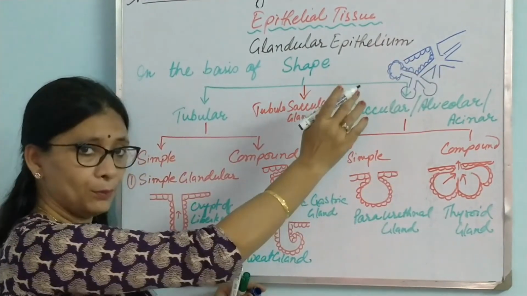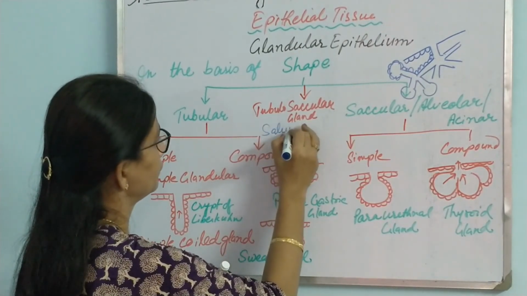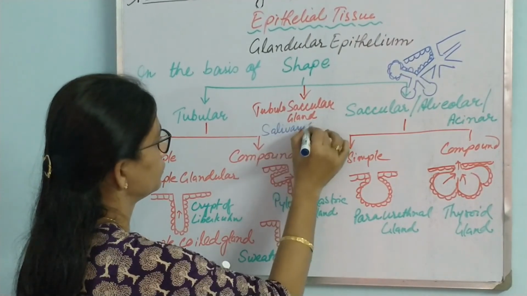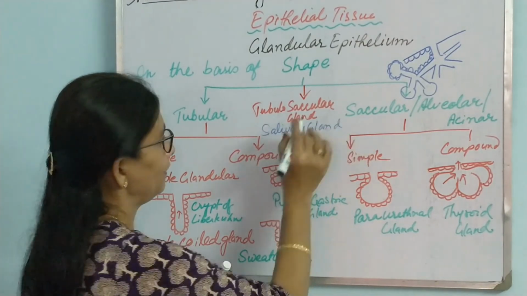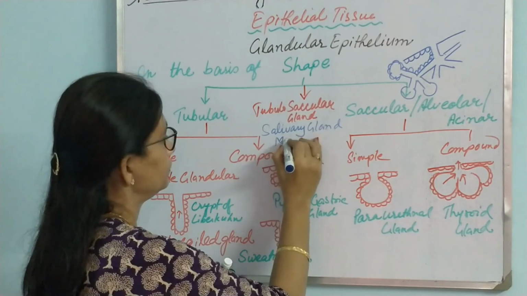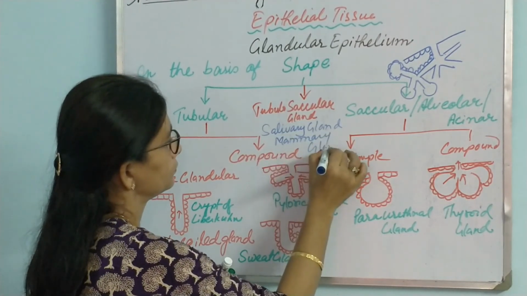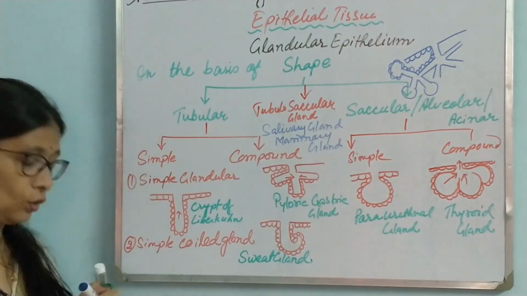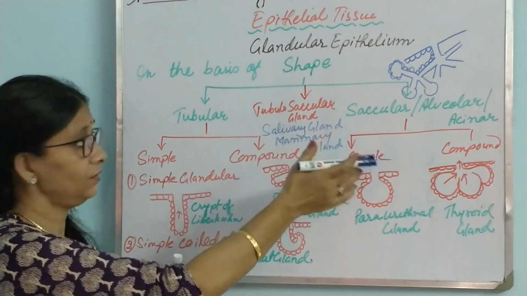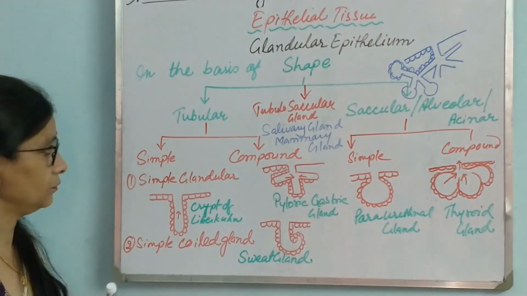Now this type of gland is found in salivary gland. The salivary gland is an example of tubulo-saccular gland, and so is the mammary gland. So these are the 3 broad categories based on the shape of the glands.